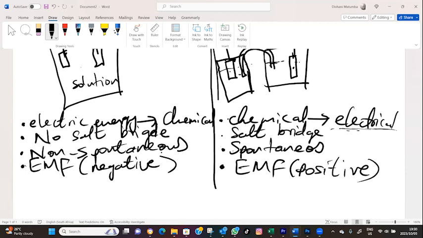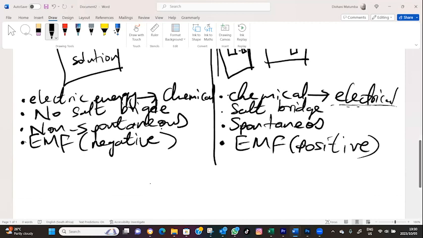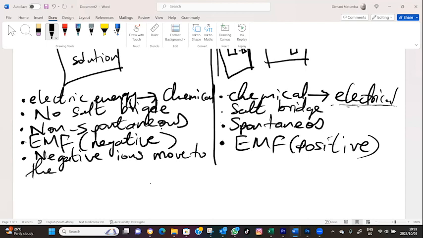Now with the electrolytic cell, what we know is that negative ions move to the anode, where they are oxidized.